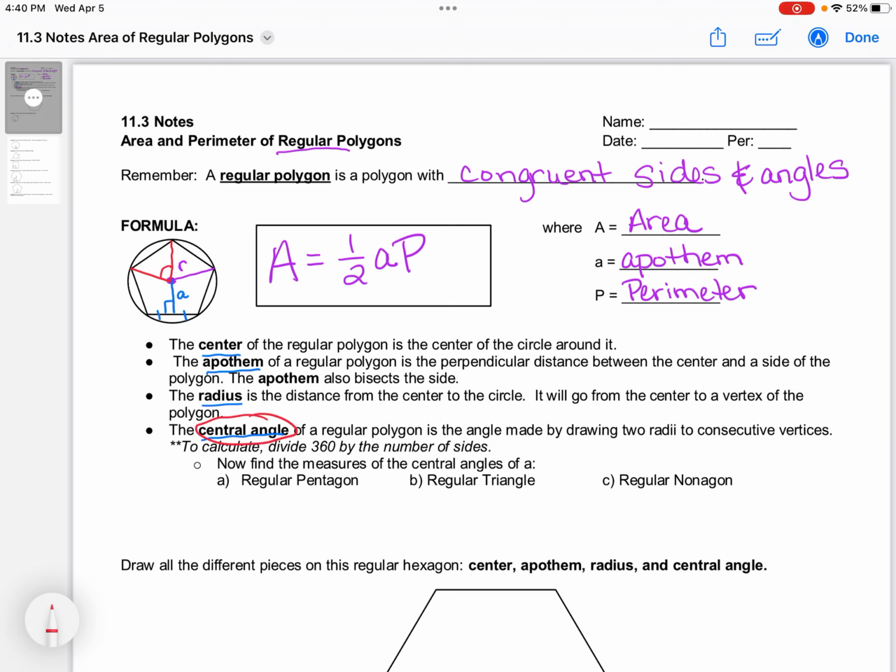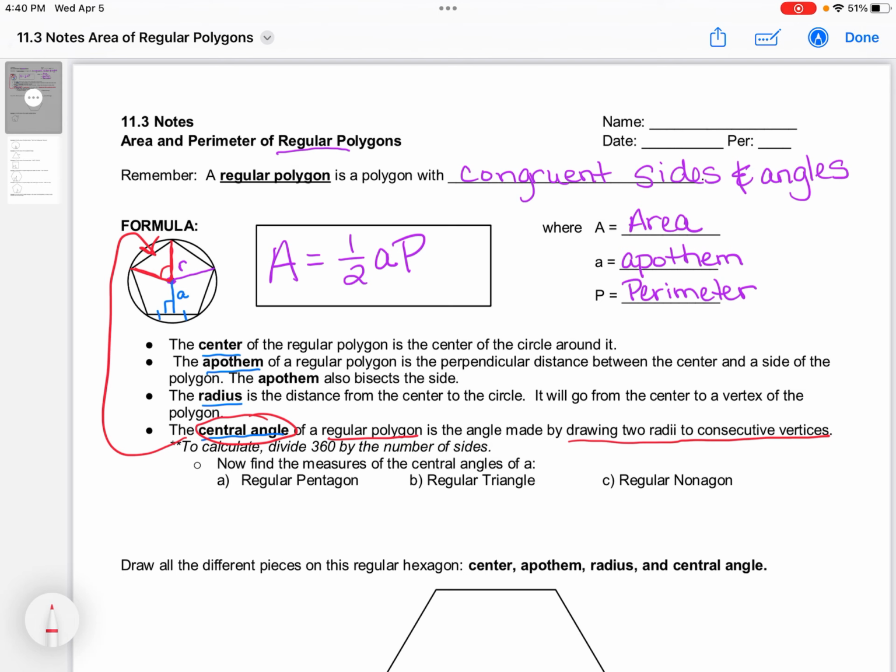So this is our central angle, in red. So for the central angle of the polygon, you have to connect two radii to two corners, and the angle that it makes from the middle is going to be your central angle.